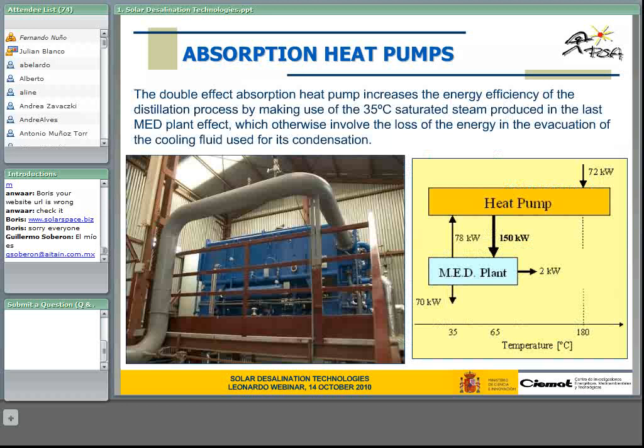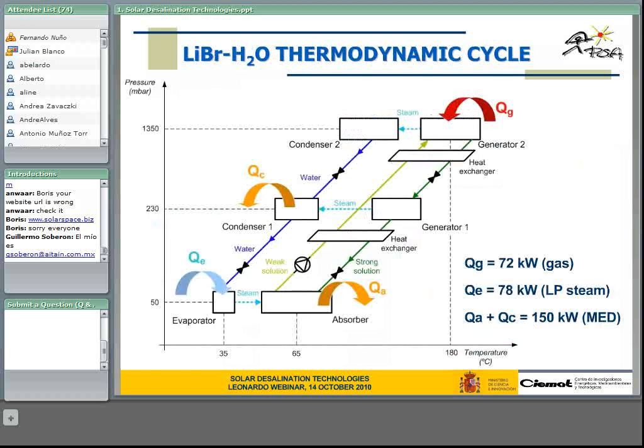Here you can see the thermodynamic scheme of this pump, a lithium bromide water thermodynamic cycle. We have two generators, one condenser, one evaporator, and one absorber.